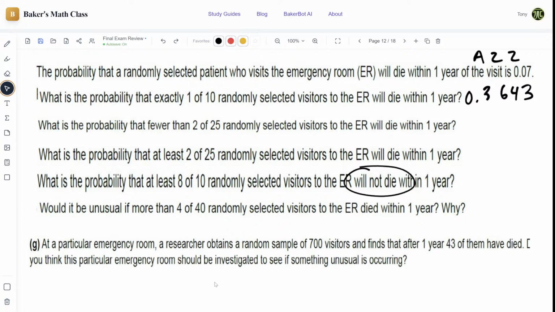At a particular emergency room, a researcher obtains a random sample of 700 visitors and finds that after 1 year, 43 of them have died. Should this particular emergency room be investigated to see if something unusual is occurring?